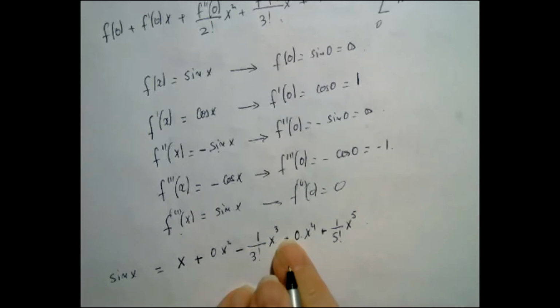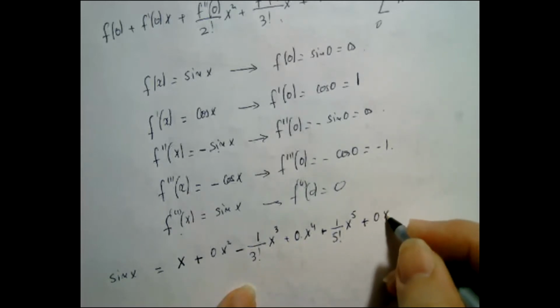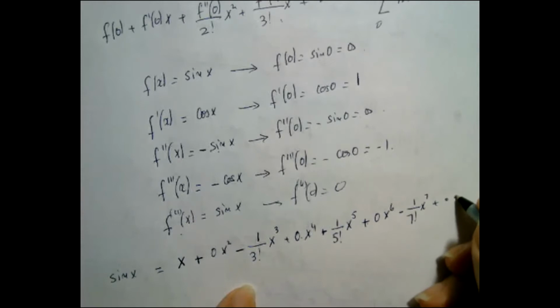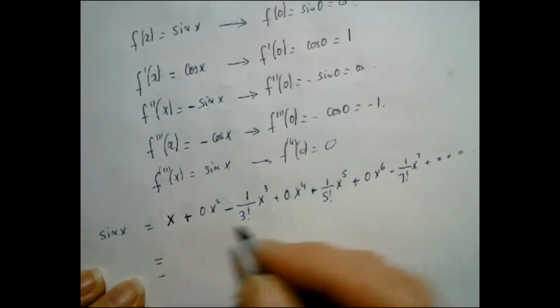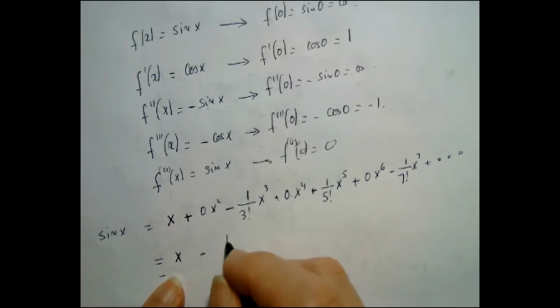So plus 0 times x to the 6, and then a negative x to the 7 term, plus so on and so forth. So that's really what's going to happen. Now let's write this in sigma notation. So actually, before I do that, of course, the 0 terms will go, so I'm going to be left with that.